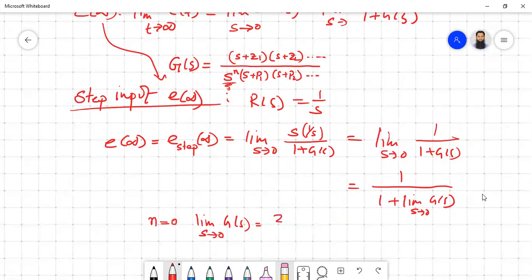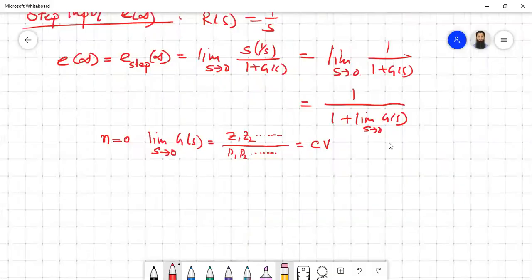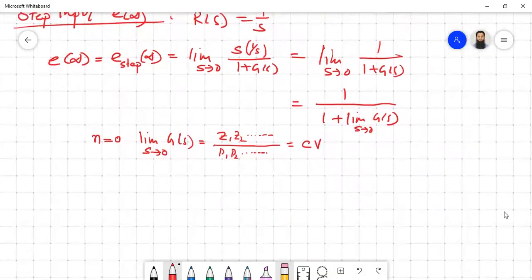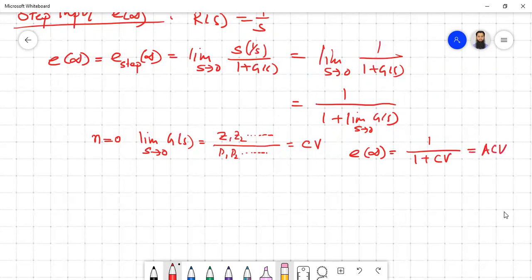So what we will have is z1 z2, all of them multiplied, divided by p1 p2, all of them multiplied. Basically, what does it mean? A constant value. So what should be our steady state error? 1 by 1 plus a constant value will give you another constant value. So basically a finite steady state error we are going to get.